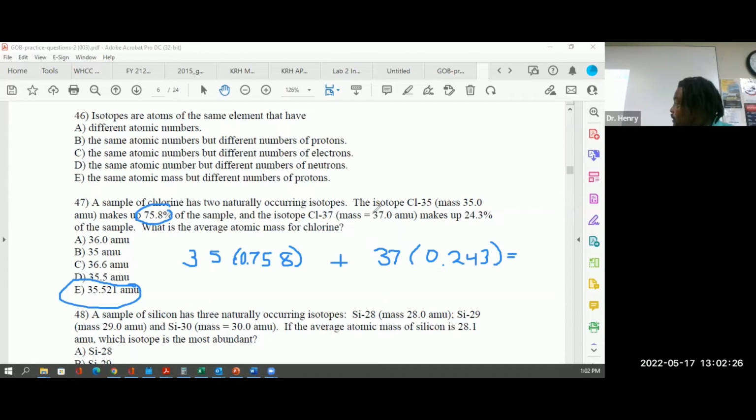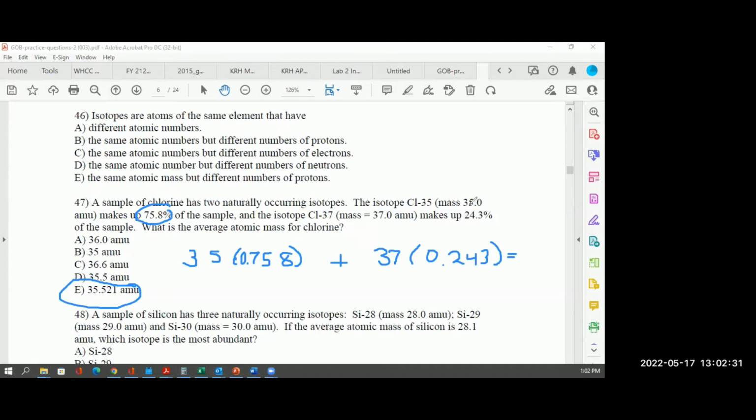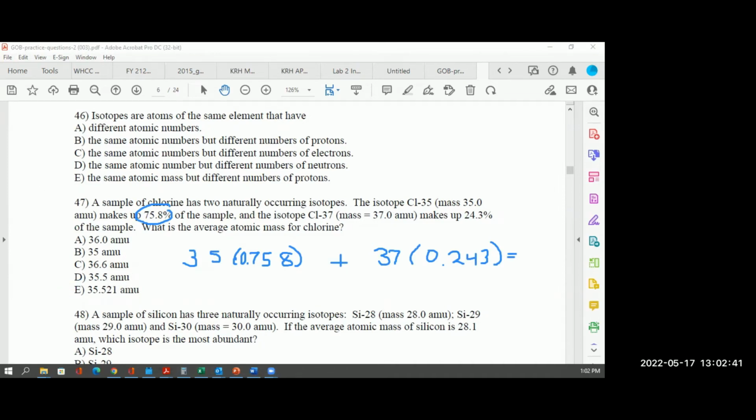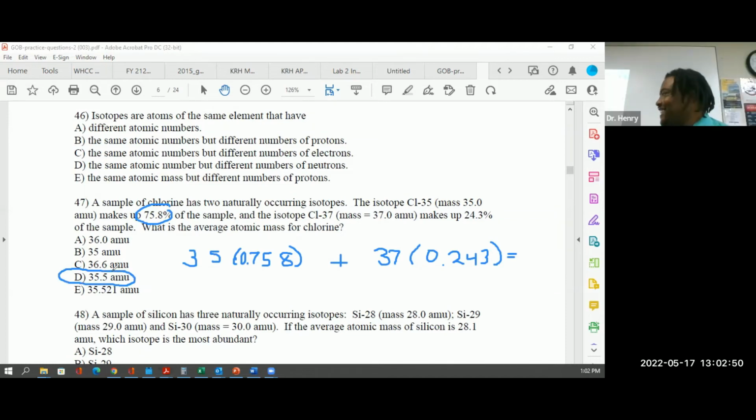Are you sure? That's 1, 2, 3. So 3 sig figs. So the correct answer would be D. Those darn sig figs. The correct answer would be D, as in donkey. Don't forget the sig figs.